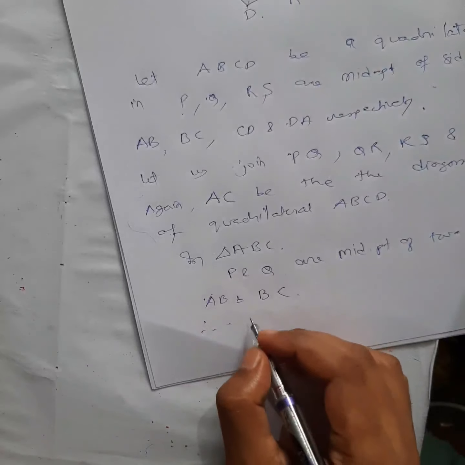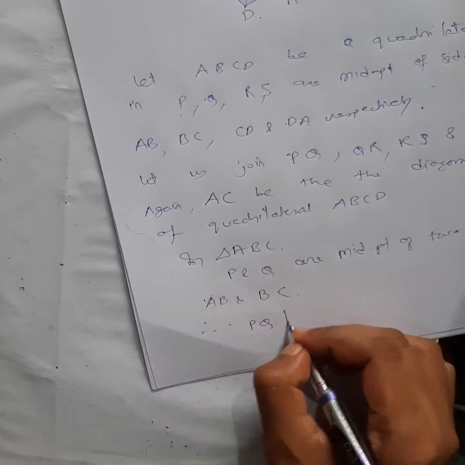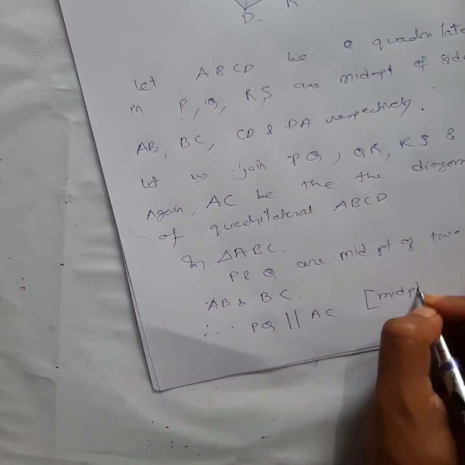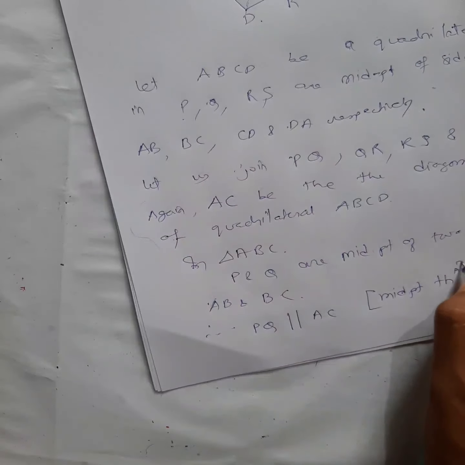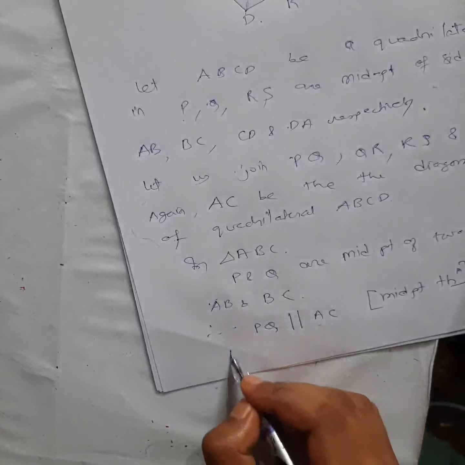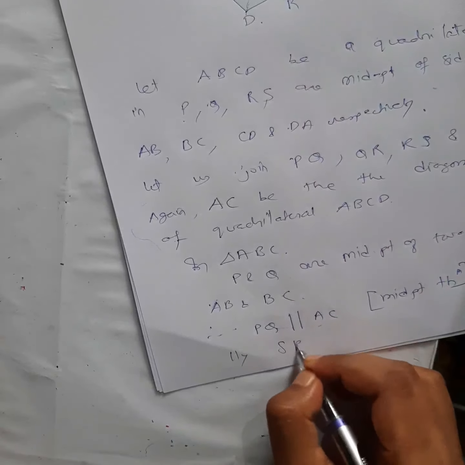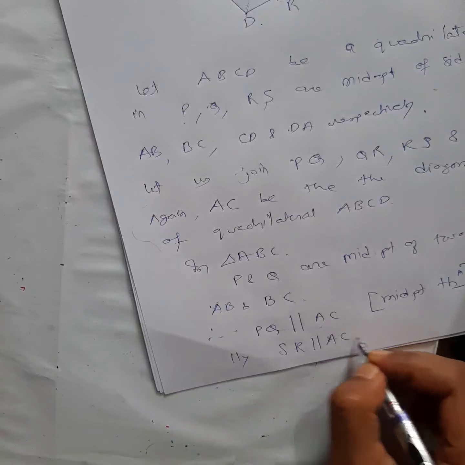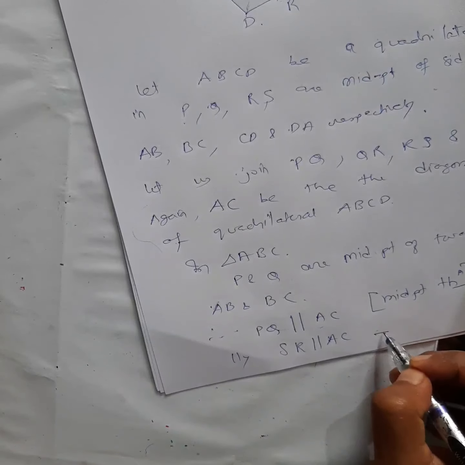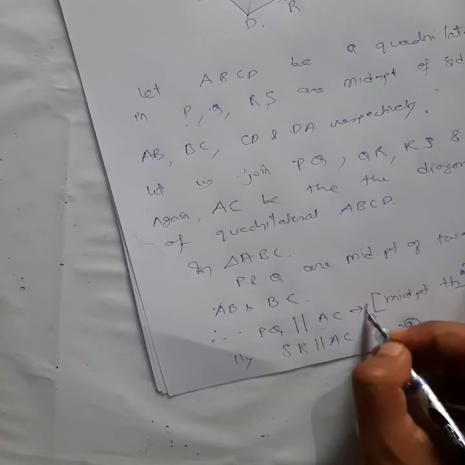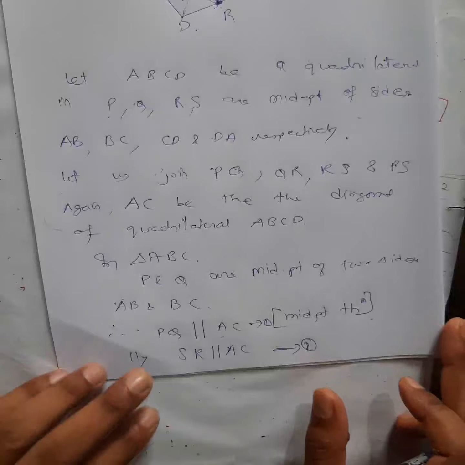Therefore, PQ is parallel to AC. Why? Midpoint theorem. So I have already shown PQ parallel to AC. Similarly, SR is parallel to AC. You can mark this one as 1 and this one as 2. So from 1 and 2, what can I write? PQ and SR are parallel.